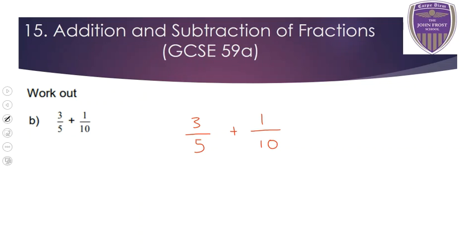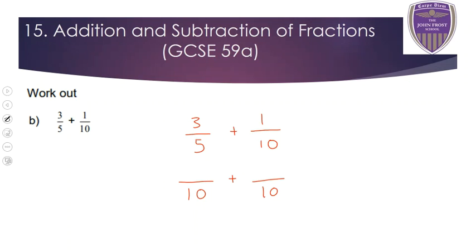In this case, 10 is the biggest denominator, and see whether the other one goes into 10, which in this case it does. So if it does, then that means that we make both of them 10. Because some questions you can get away with only changing one of the fractions, in some you might have to change 2. But in this one, because 5 goes into 10, we can make the denominator into 10.